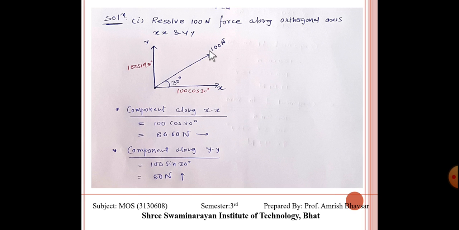This is the 100 Newton force, this is our angle theta, and this is X and this is Y. Whenever it is moved towards X, it is 100 cos 30, and this is 100 sin 30. So the component along XX is 100 cos 30, that is 86.60 Newton, and the component along the YY axis is 100 sin 30, that is 50 Newton.